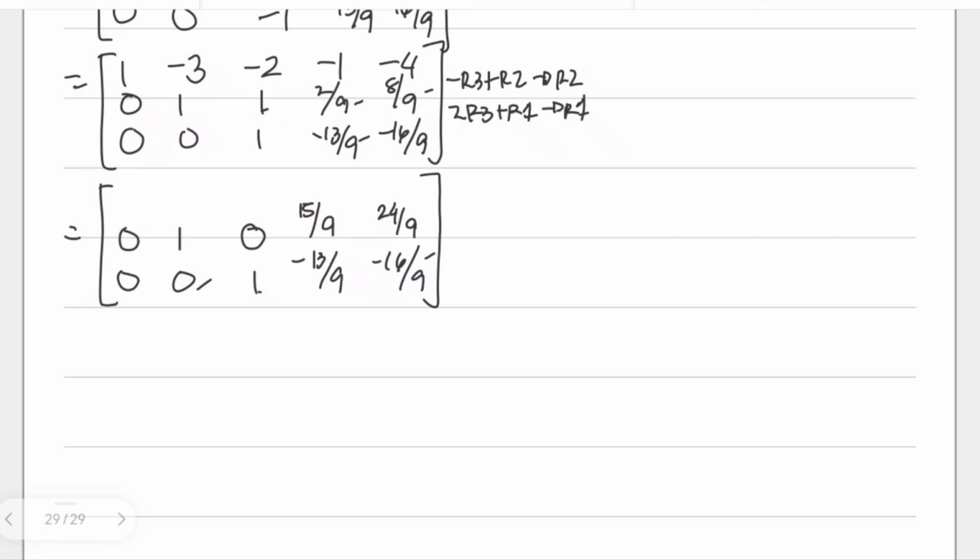So let's just continue. Next, for row 1, this is still 1. 2 times 0, this is negative 3. 2 times 1 is positive 2, plus negative 1 is 0. Okay? 2 or twice this is 26 over 9. That's negative. This is also negative 9, right?